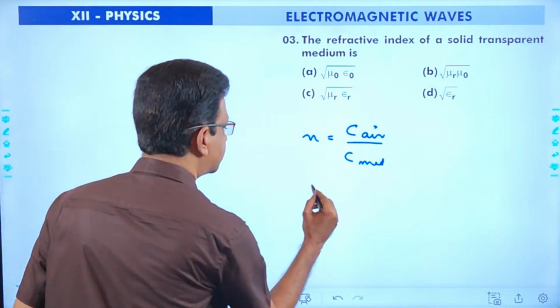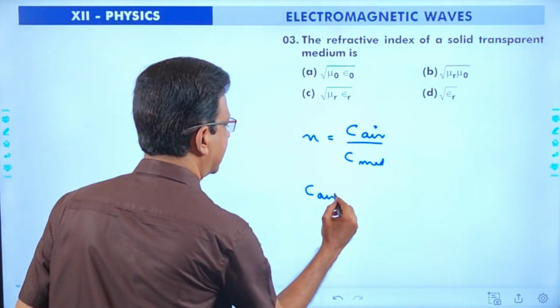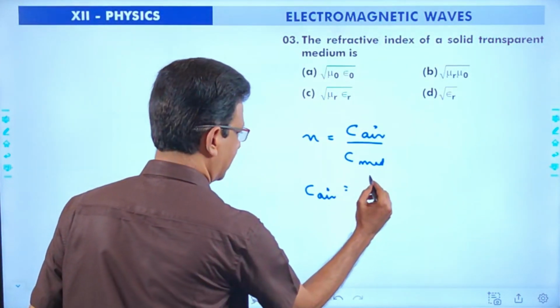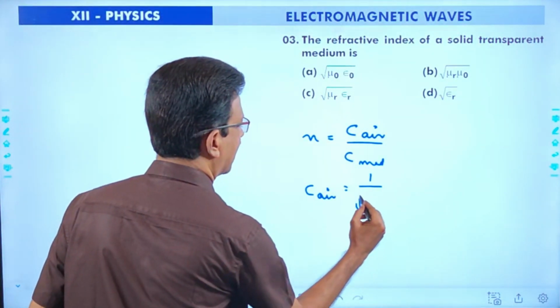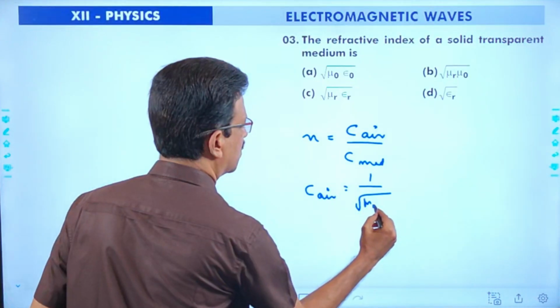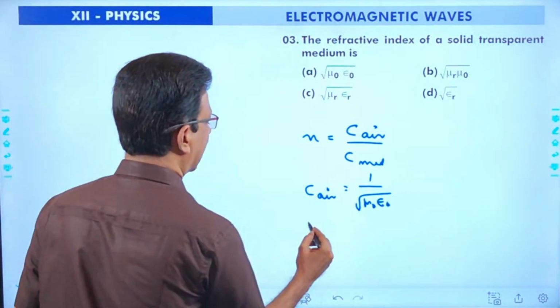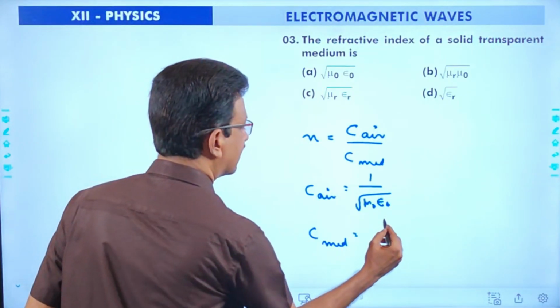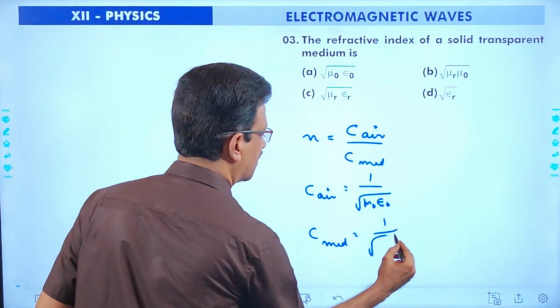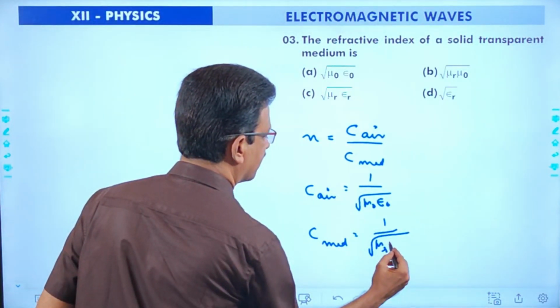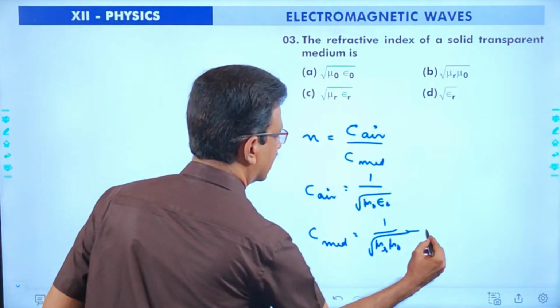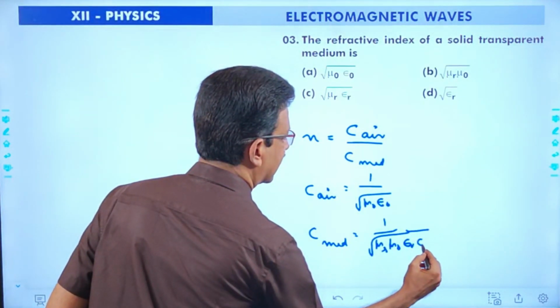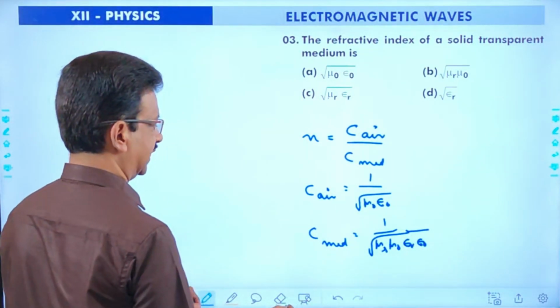Now, the speed of light in air, by electromagnetic theory, is 1 by root of mu 0 epsilon 0. And the speed of light in the given medium is 1 by root of mu r mu 0 epsilon r epsilon 0, the general equation.